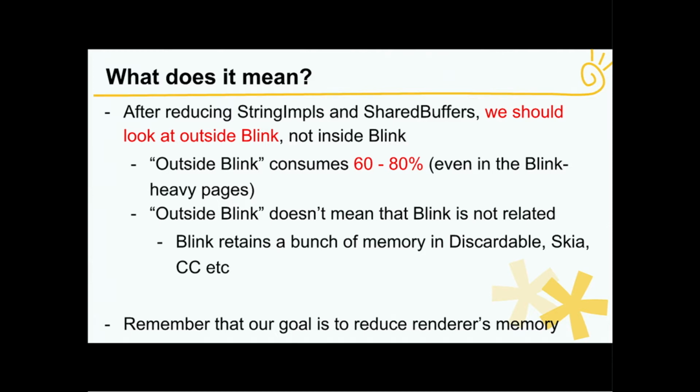As I mentioned, Blink retains a bunch of memory in discardable, Skia, and CC. Remember that our goal is to reduce the renderer's memory. So after reducing these two objects, we are planning to look at outside Blink, especially outside Blink retained by Blink. So this is our current understanding.